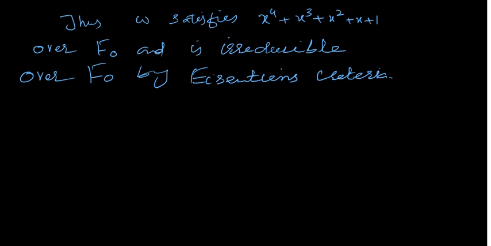So maybe you will get some idea, or in general you can look at f of x plus p. I think x plus 1 will work, and you can see the proof of this part in any book. This polynomial is irreducible by Eisenstein's criteria. This is an irreducible polynomial.